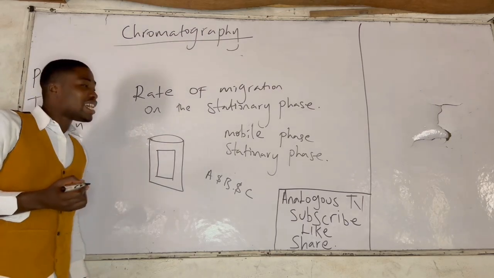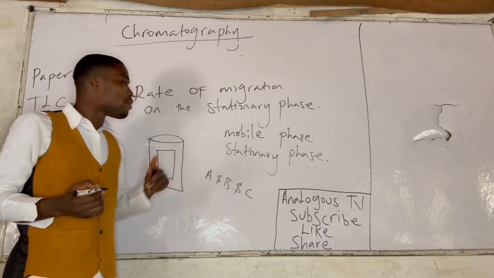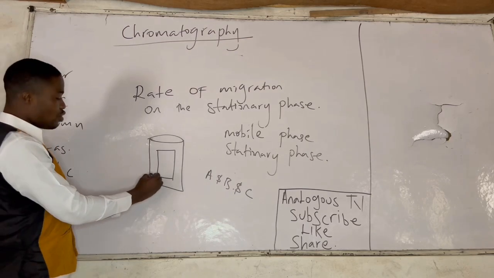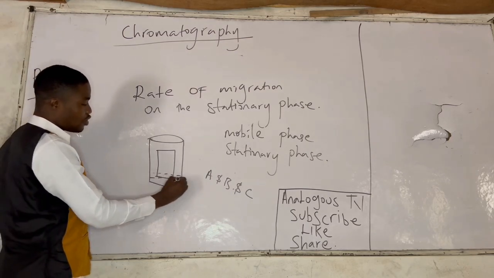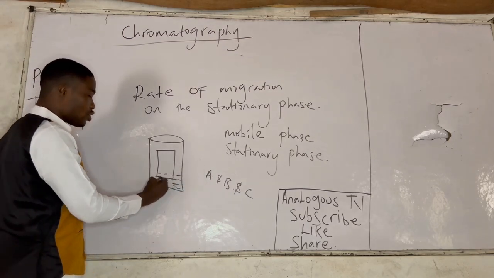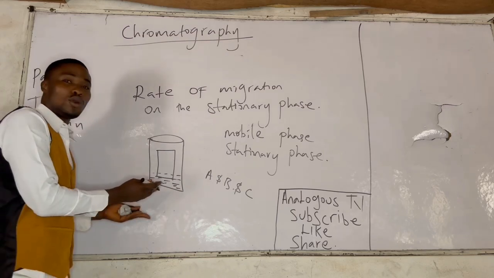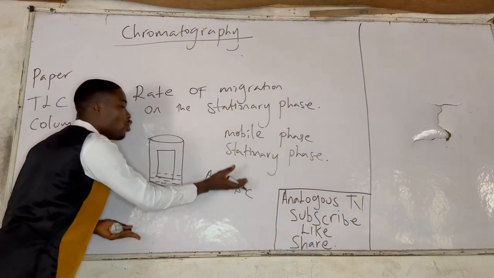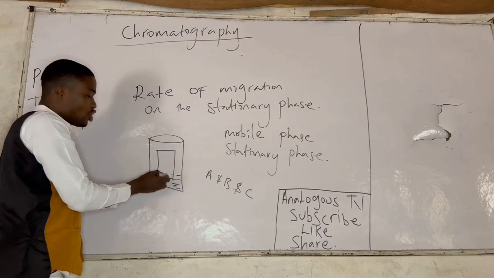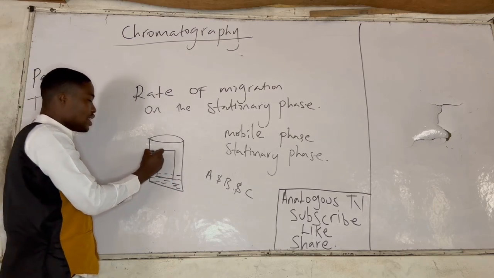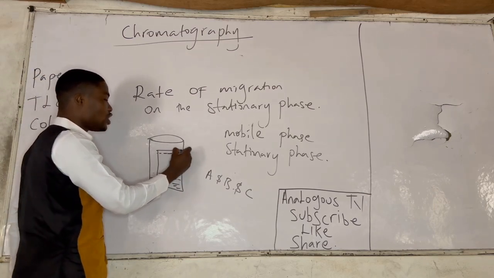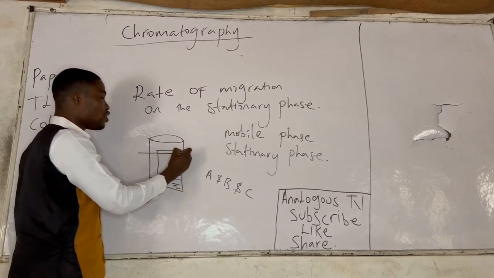It might be a gas, and that is usually the mobile phase. You have a solvent in the reaction vessel. Immediately you put your mixture, the solvent is going to travel a distance on the stationary phase.